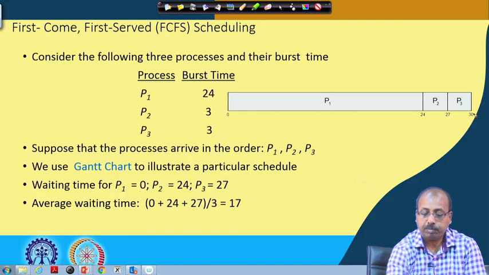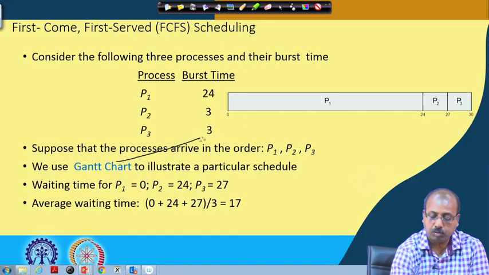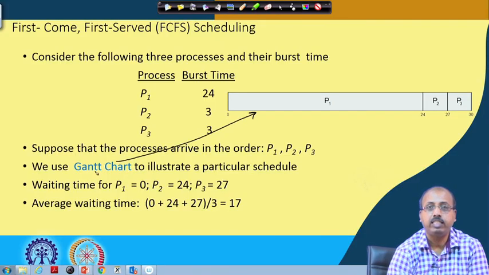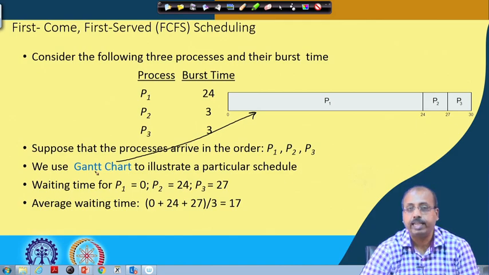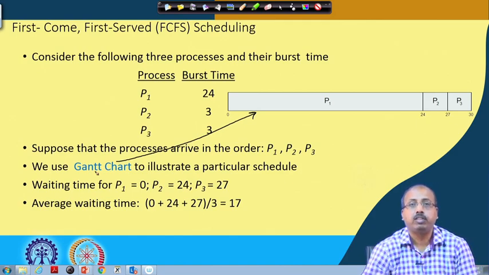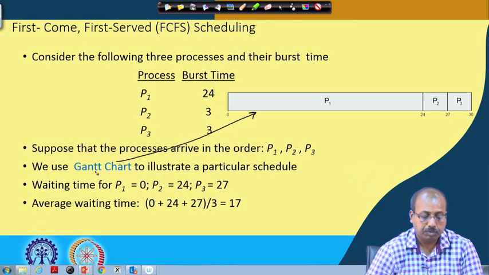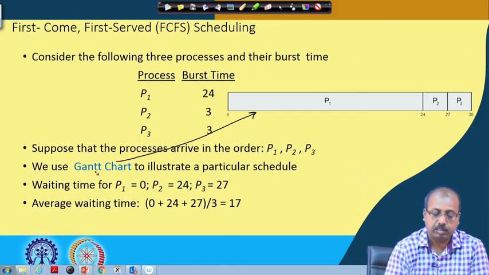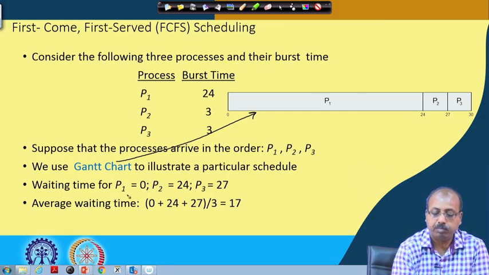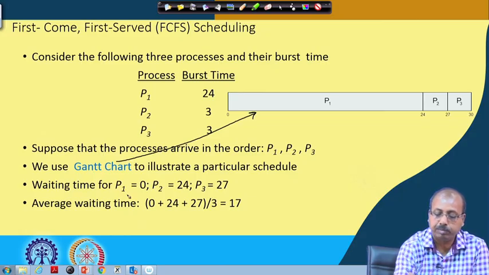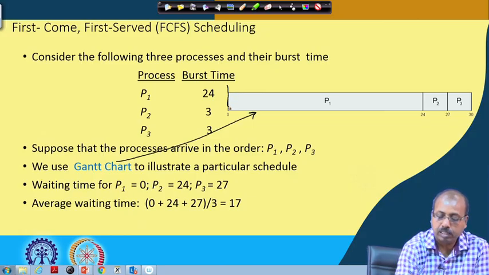The diagram that we have drawn here is known as the Gantt chart. For any scheduling policy you can draw the Gantt chart showing the duration of individual processes over the total timeline. Now, the waiting time for P1: it does not have to wait, because it is as if the scheduler was starting from this point and there was no further job.